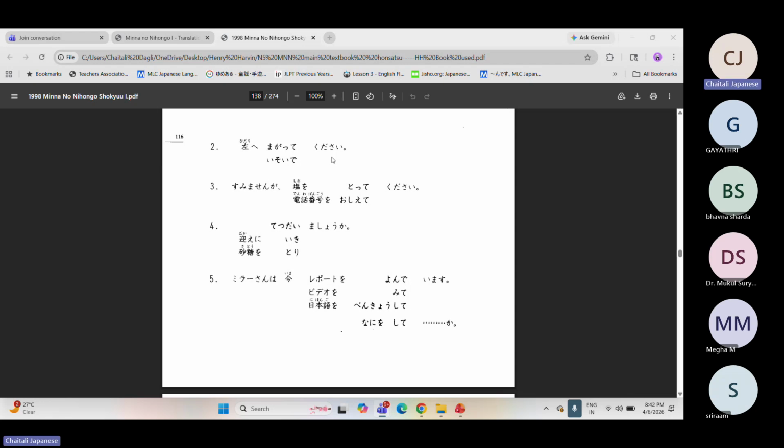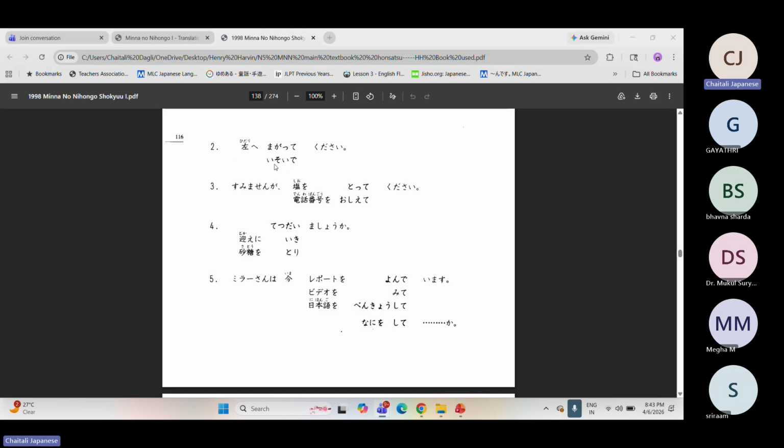Any idea? Motte will be the word. So the sentence will be mizu o motte kudasai. Please bring water. Okay? Are we clear, everyone? So this is how verb in te form plus kudasai is used.